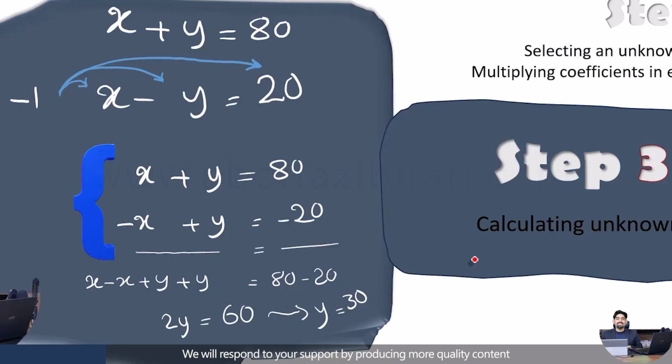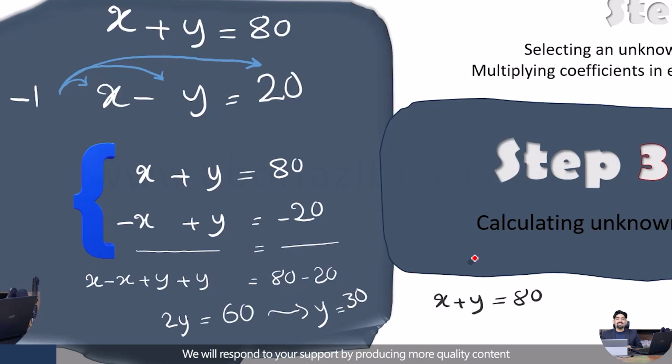What should we do to obtain the second unknown, x? In either of the equations, instead of y, we put its value, and the unknown x remains at the end, which is easily calculated. Here I choose the first equation and put y into it.